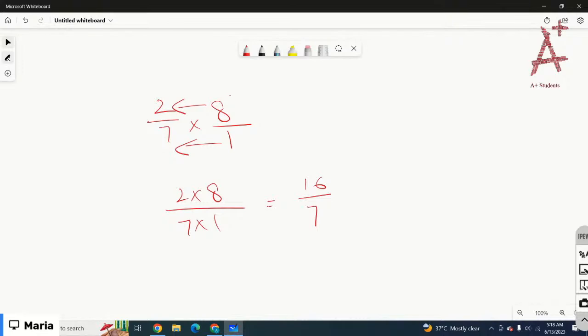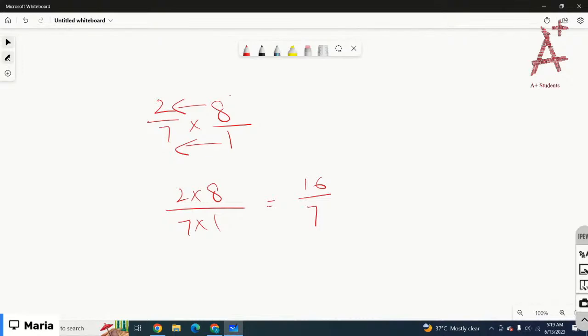If a number doesn't have any denominator, that means the denominator would be 1. Got it? Like for this question, 8 doesn't have any denominator, so the denominator of 8 would be 1.